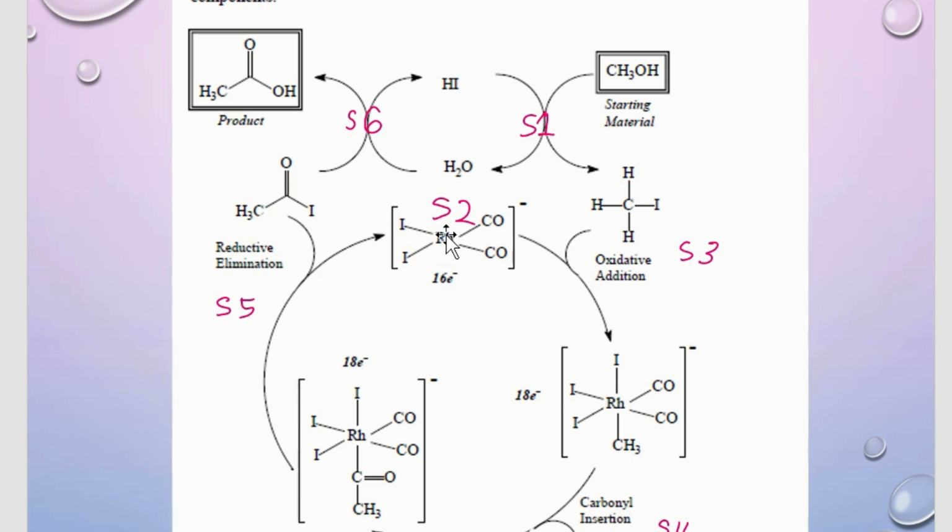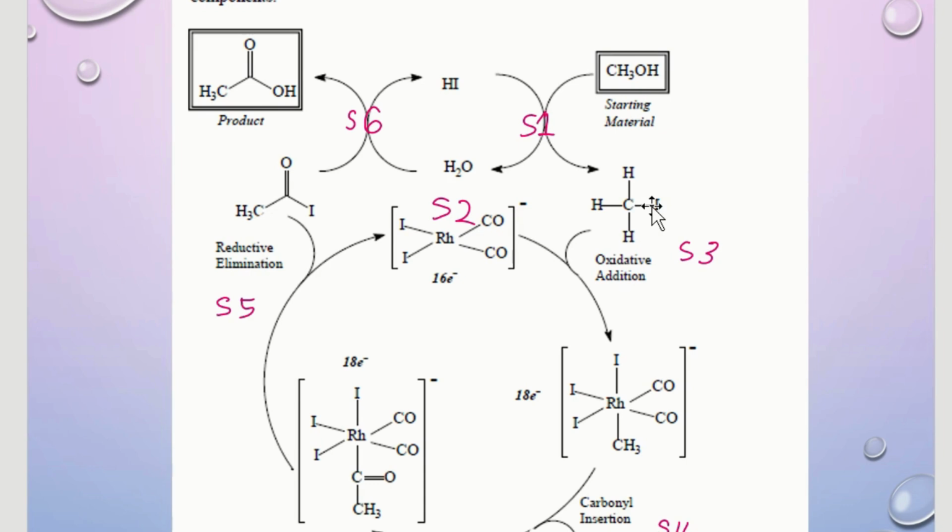For step number 3, the third step, our catalyst reacts with methyl iodide. The methyl iodide comes from our methanol reacting with HI, releasing H2O.